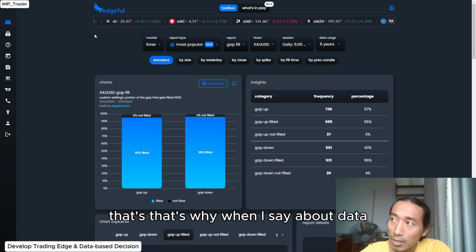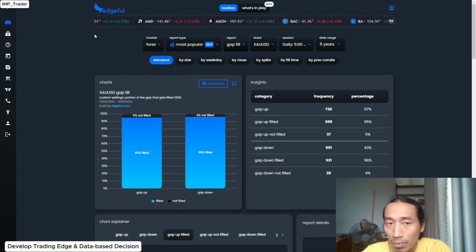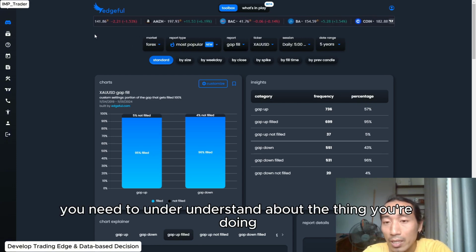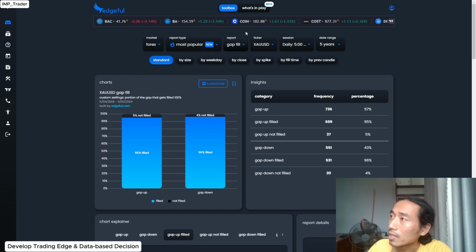So when I talk about data, the first thing you need to understand is, it doesn't matter how hard or easy it is to pull the numbers, you need to understand the thing you're doing. You need to understand that more data sometimes is not better. All right, so let's get going.